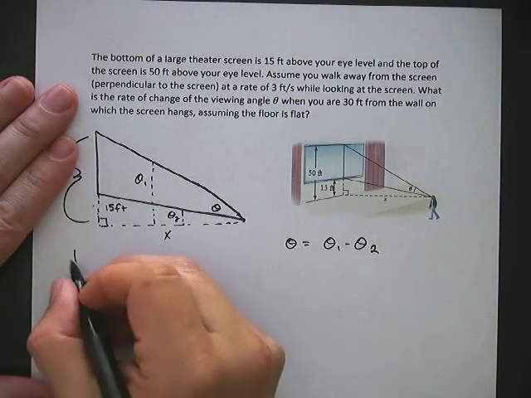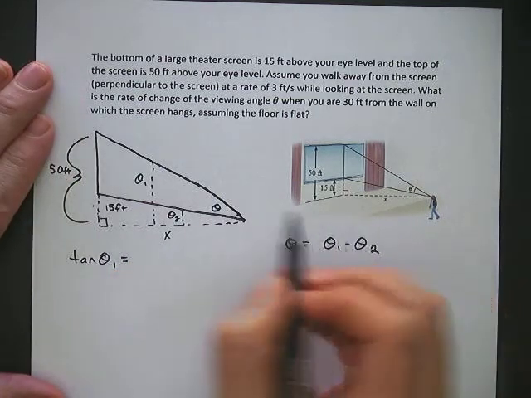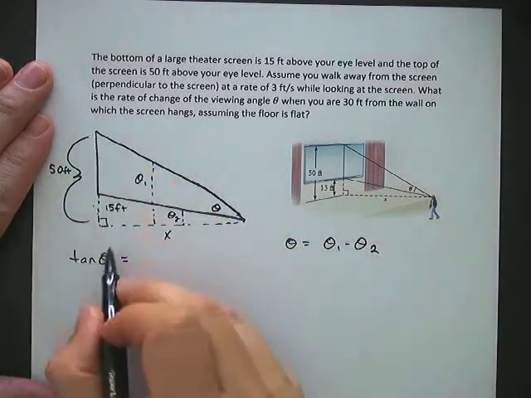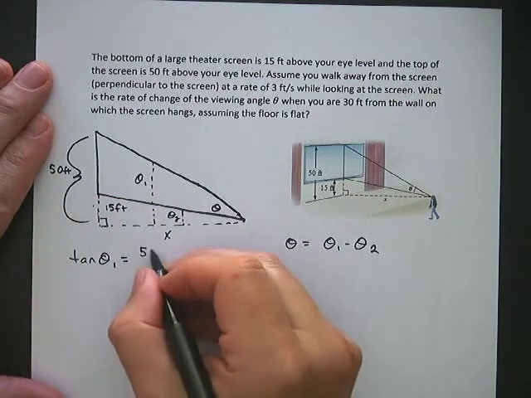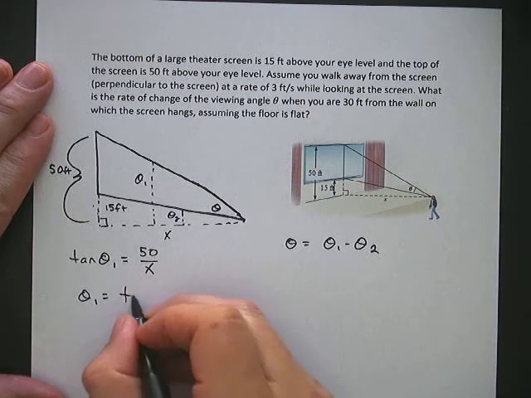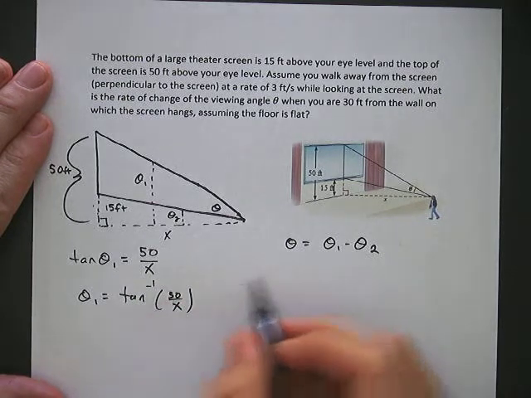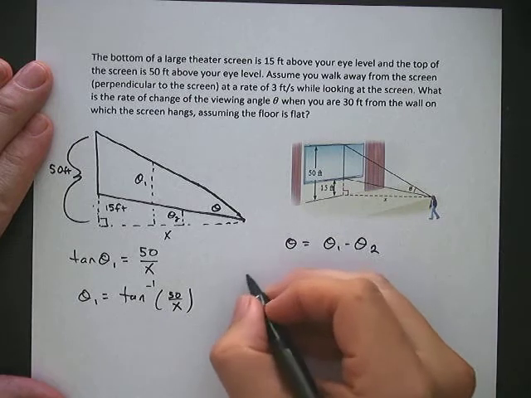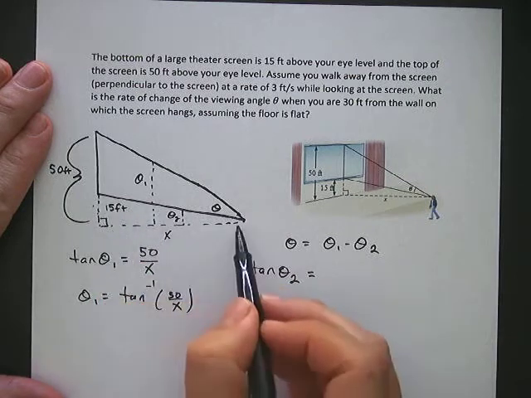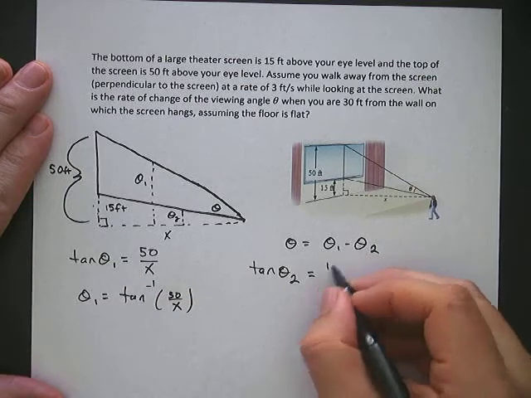So tangent of theta 1 is equal to opposite over adjacent. Here's theta 1, so it's this whole triangle here. Opposite is 50, adjacent is x, so 50 over x. If we solve that for theta 1, we get theta 1 equals inverse tangent of 50 over x. Likewise, we can do theta 2 the same way. Tangent of theta 2 is this little triangle here, still a right triangle, opposite over adjacent, so 15 over x.